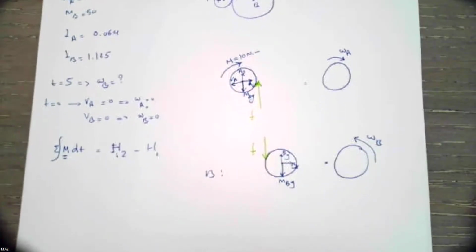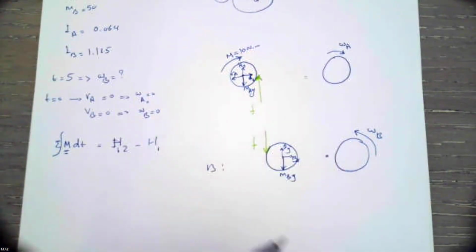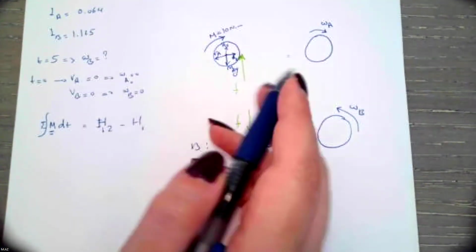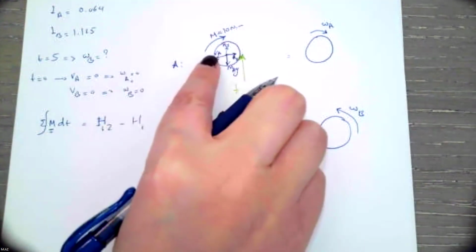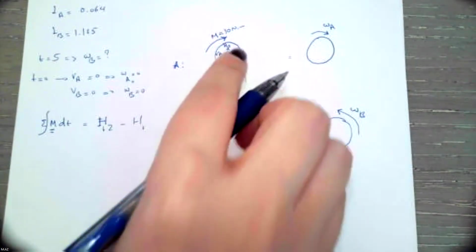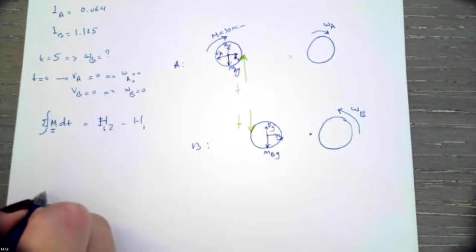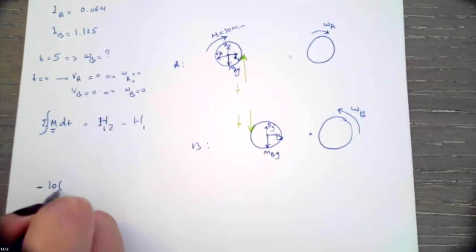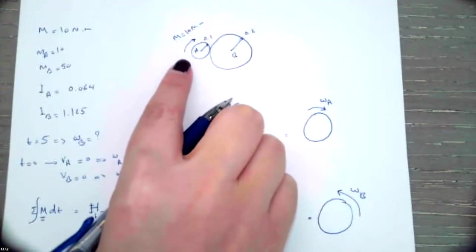First, we apply this equation for gear A. Okay, for gear A, we have these external moments and the direction is clockwise, 10, and this is a constant value.